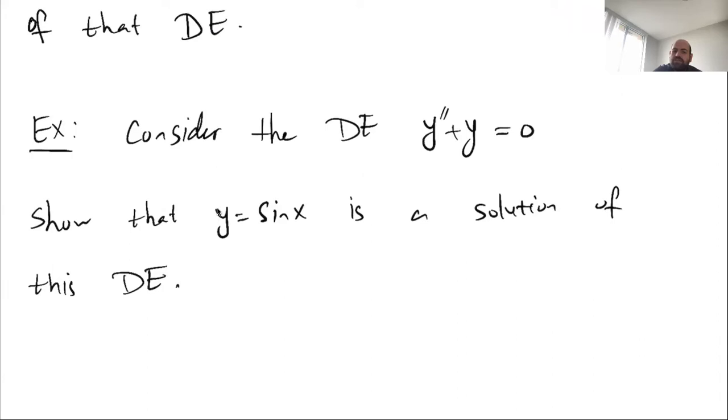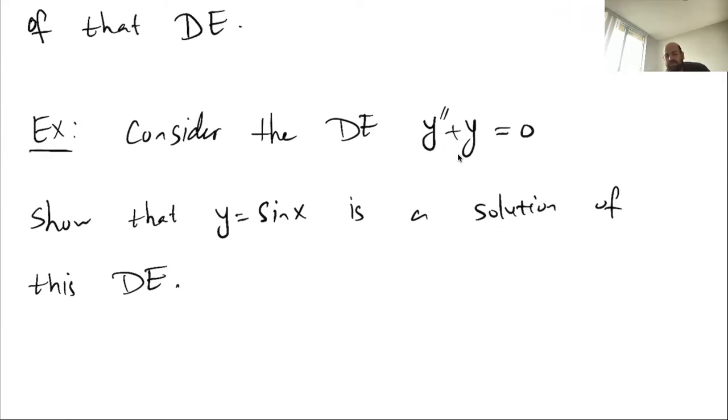Now I want to show that a particular function is a solution of this. A solution means when you replace y with this function, the equation is satisfied, meaning that y double prime plus y for this particular y becomes 0. If y double prime plus y is equal to 0 for that y, that means that function y is a solution for that differential equation. If y double prime plus y is not 0, then that y will not be a solution.